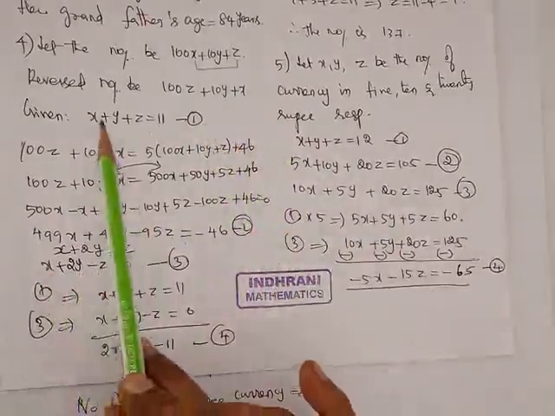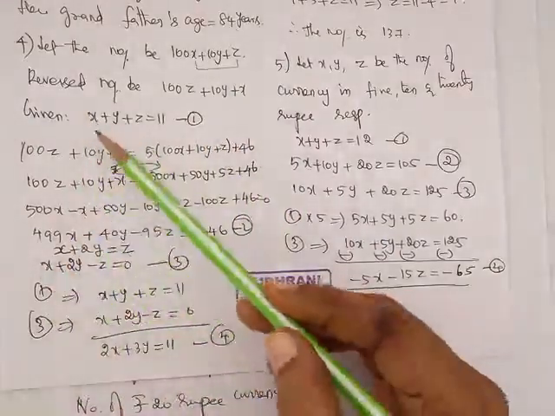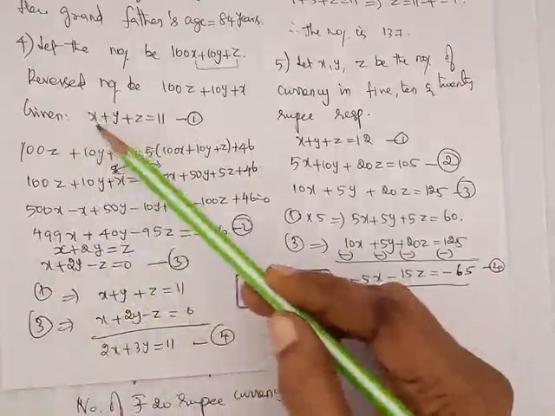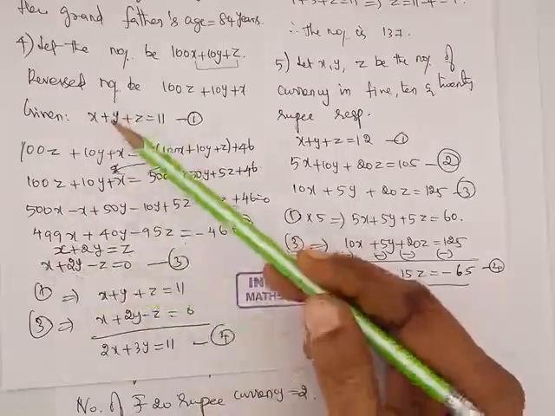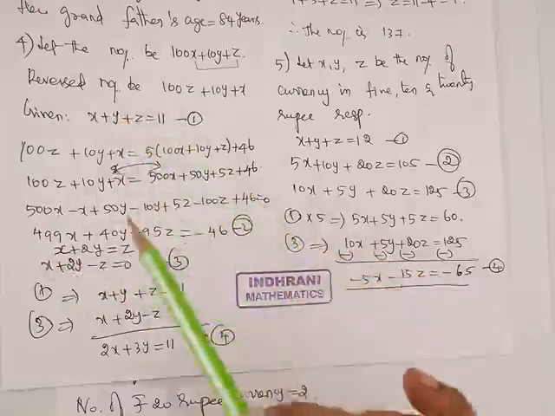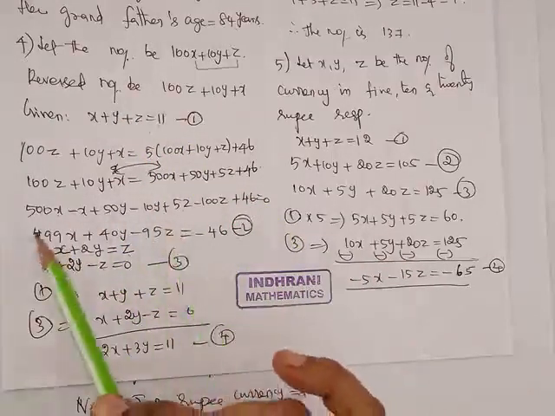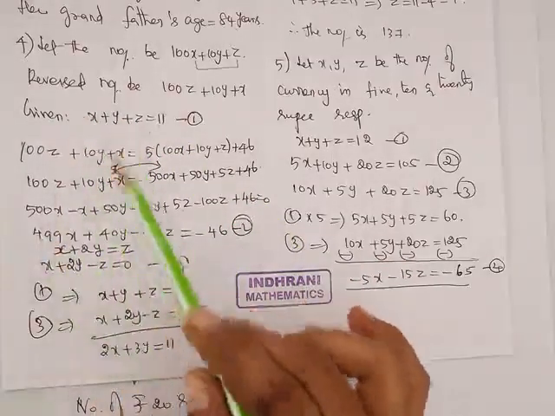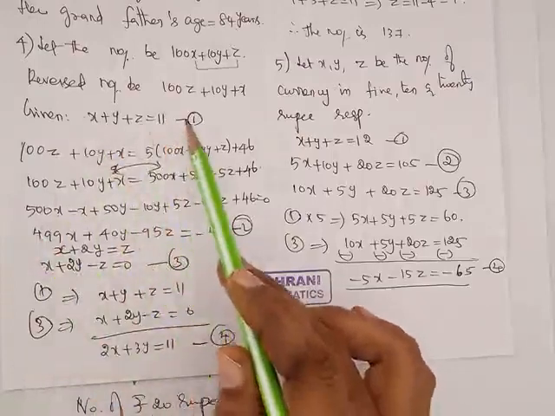The X coefficients are already equal here, but Y coefficients are different. But Z coefficients are equal but of opposite sign. If you take equation number 2, here you have different coefficients in all the variables. So I am considering only equation 1 and equation number 3.